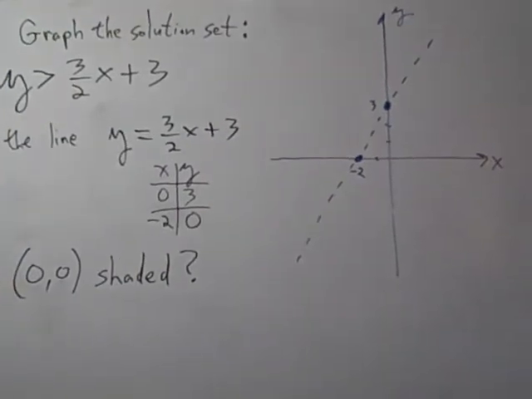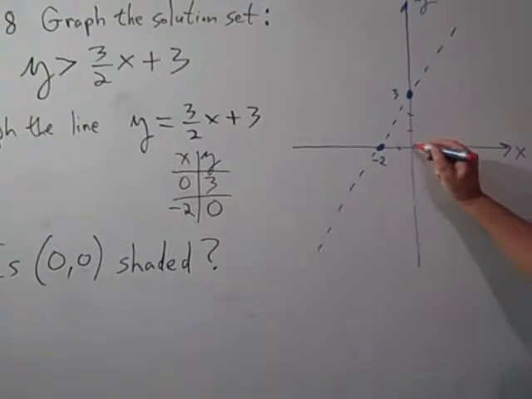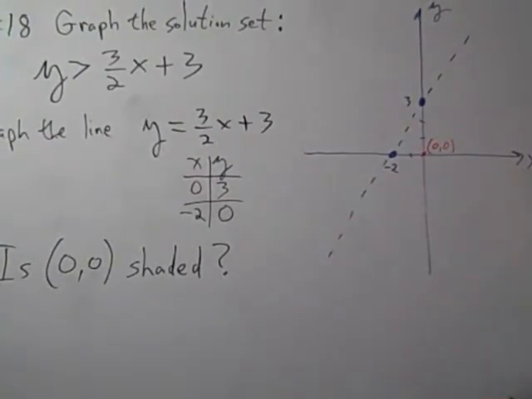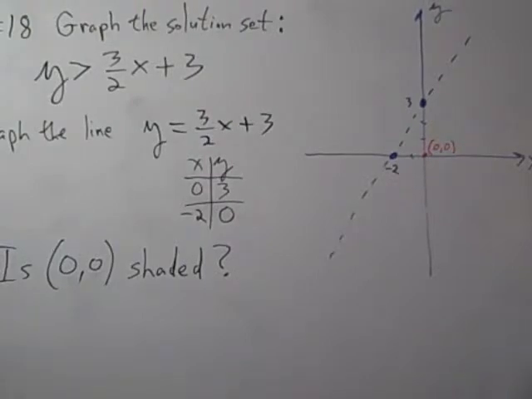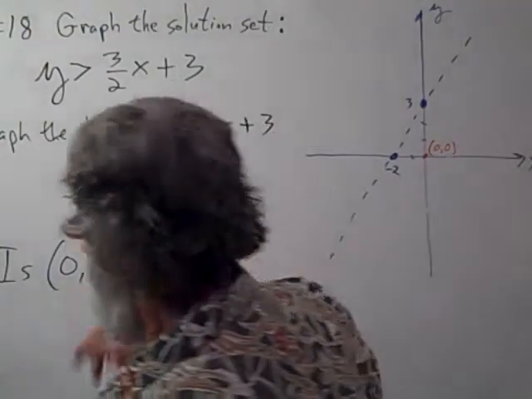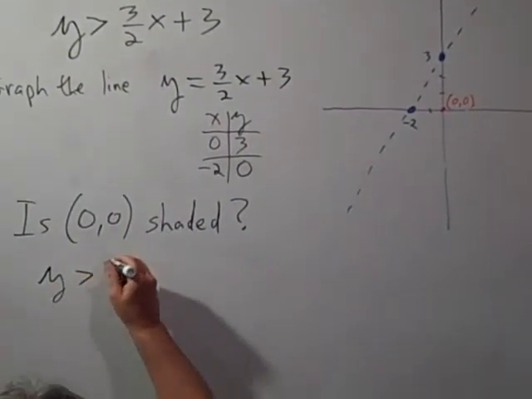And we have to decide which side of that line to shade. And as usual, we can ask, is the origin shaded or not? To answer that question, we plug x equals 0 and y equals 0 into the original inequality and see if it's true or not.